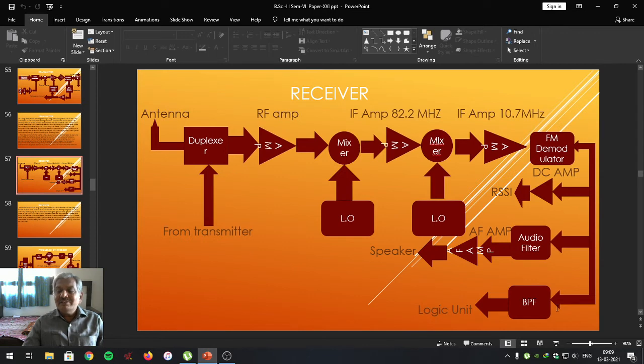After filtering the signal, it is given to the logic unit. It receives the signal from the receiver and starts performing the necessary logical steps for the purpose of analyzing the received signal, for the RSSI purpose and also for the speaker purpose, so that the acoustic sound signal will be generated through the speaker.